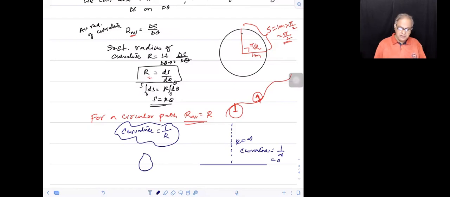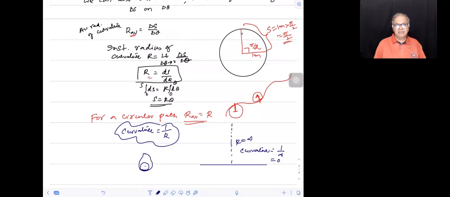Here the surface is flatter, so the radius of curvature is more. Here itself you should draw one circle like that to understand the radius of curvature there. But at the pointed edges, R will be almost 0, so curvature is very large.